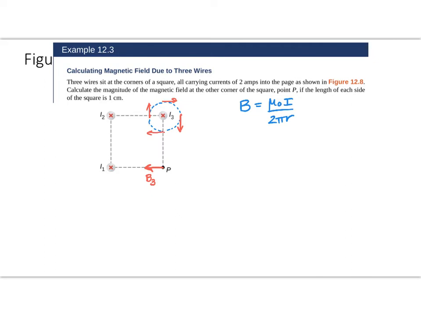Similarly, I can do something like that for current 1. And again, using my right-hand rule, the magnetic field will look like this. As it goes around the circle, I put my thumb into the page, and the way my fingers wrap is the way the magnetic field wraps.